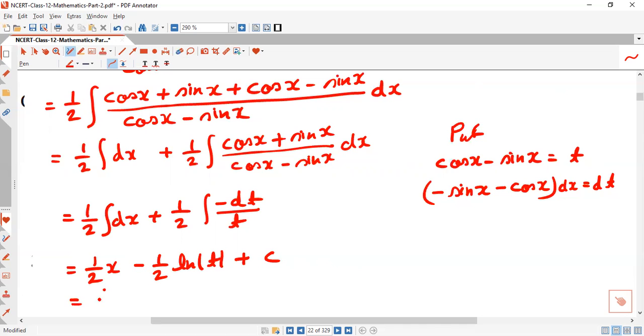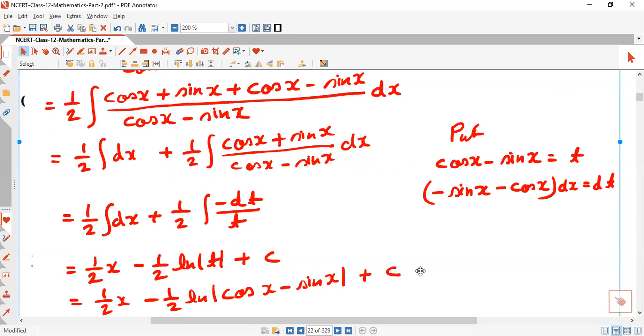Putting the value of t, half x minus half log mod cos x minus sin x plus some constant c. This is the answer of this question.